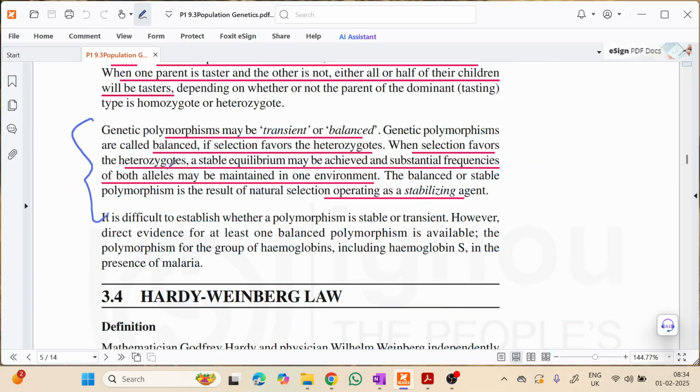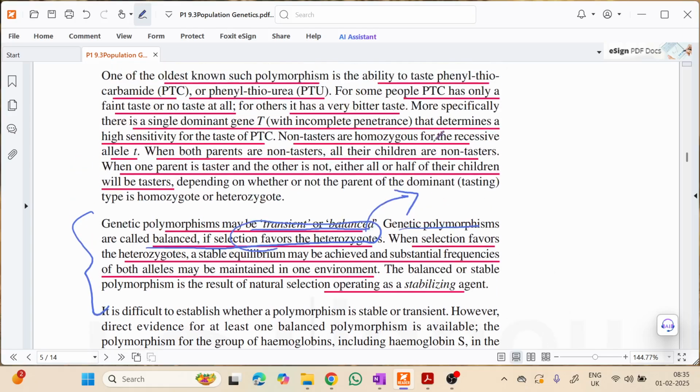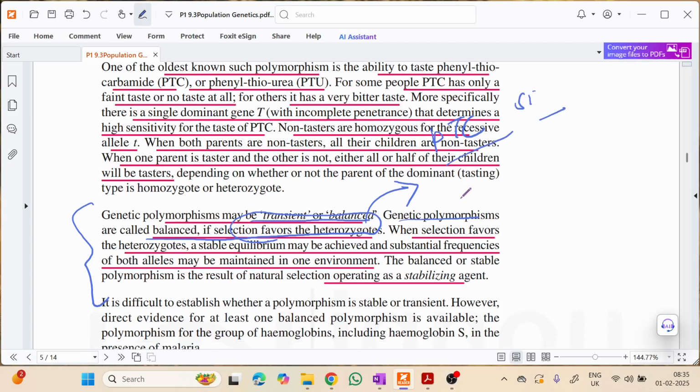Then genetic polymorphism may be transient or balanced. Genetic polymorphisms are balanced if selection favors the heterozygous. जो conditions हमने देखी थी पीटीसी के केस में हो गया, सिकल सेल अनीमिया के केस में हो गया, थैलेसीमिया हो गया.